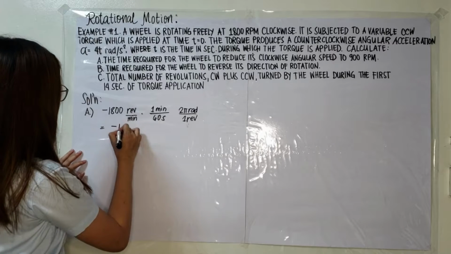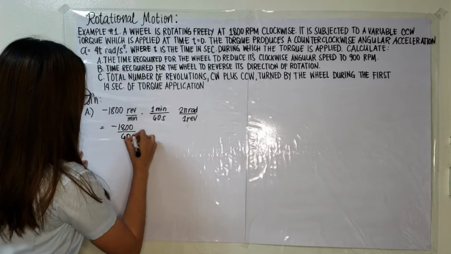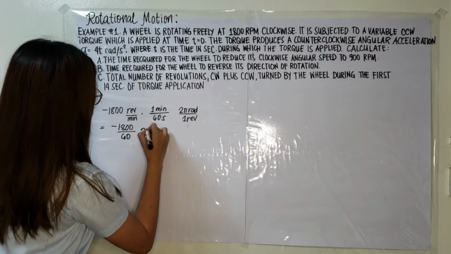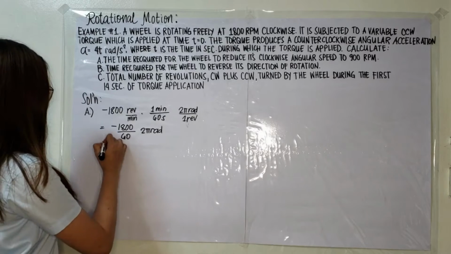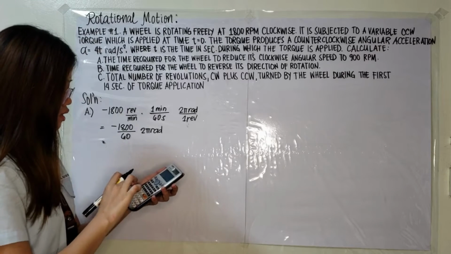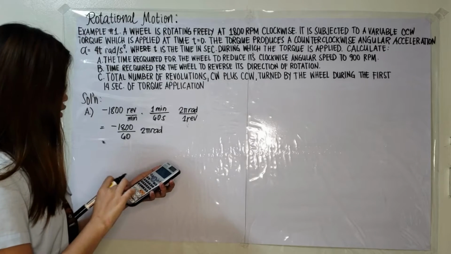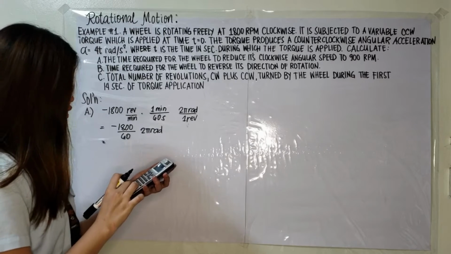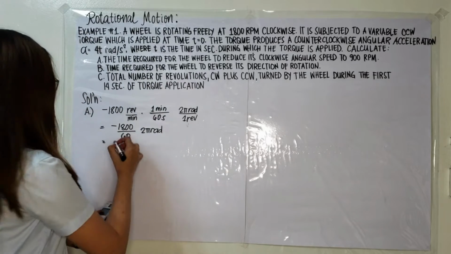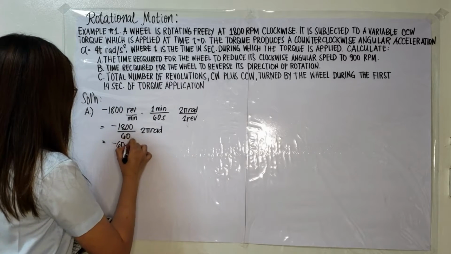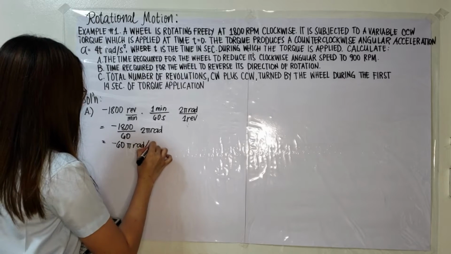So, negative 1,800 over 60 seconds multiplied by 2 pi rad. Calculating this, we get negative 60 pi rad per second.